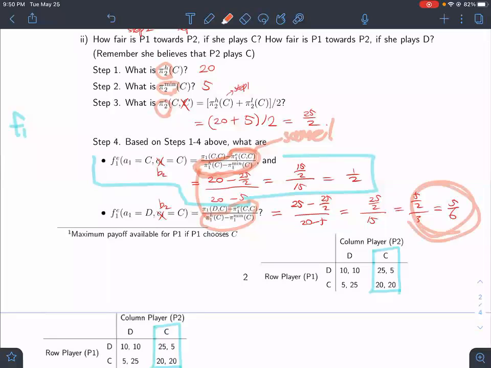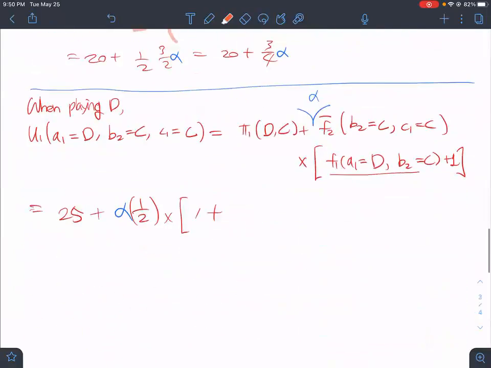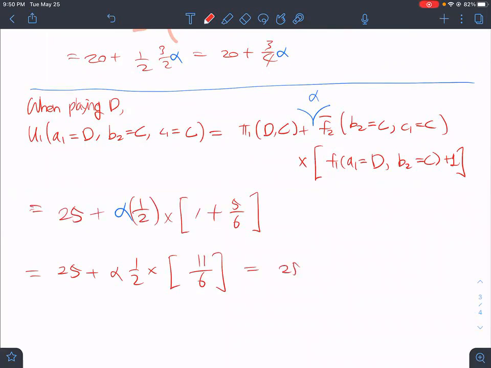It was 5/6, which is 25 plus alpha 1/2 times 11/6, which is 25 plus 11 alpha divided by 12.